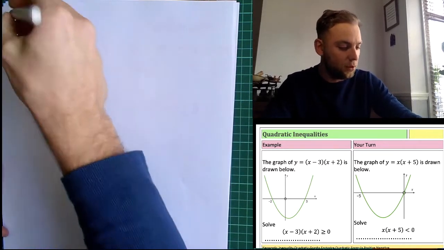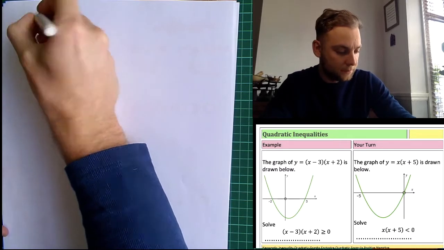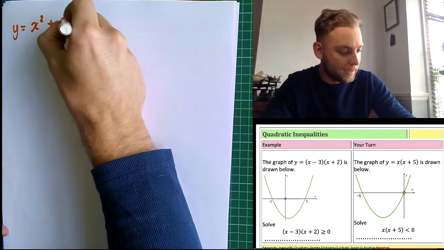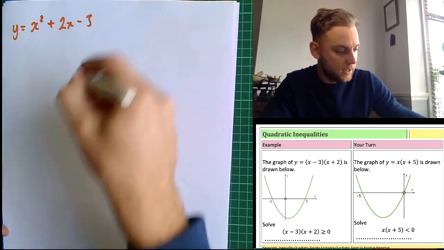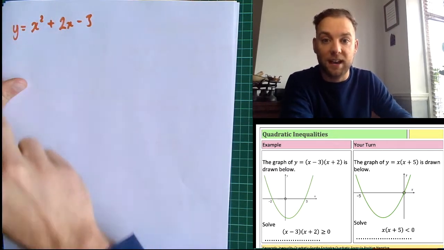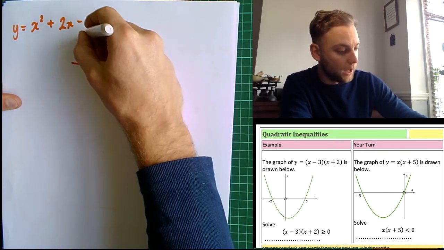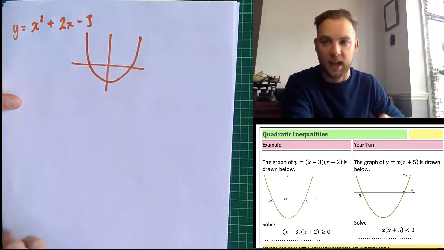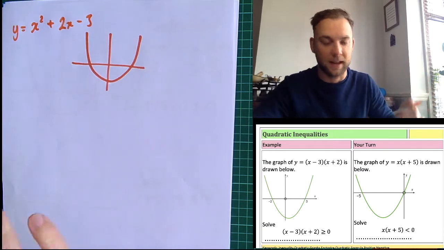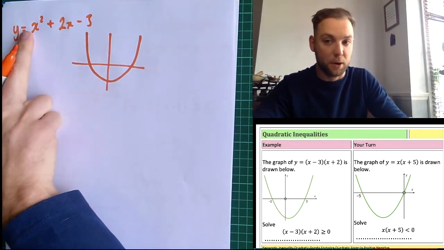So let's just have a look at an example before we start. If I've got something like this, x squared plus 2x minus 3, notice that this one here is a positive x squared. So this one would look like a U shape, and that's because the squared is positive.